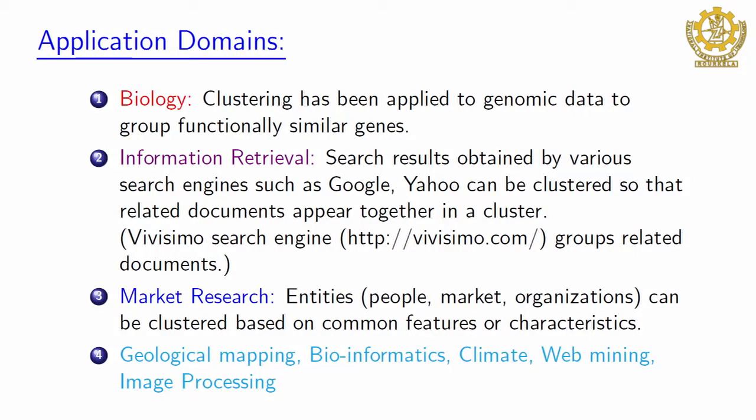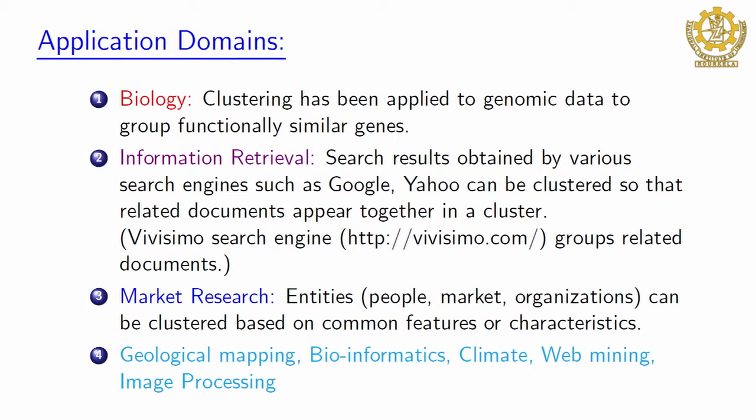Search results obtained by the various search engines such as Google and Yahoo can be clustered, so that related documents appear together in a cluster. Okay, once you obtain the results, we can put them into similar clusters. We have something called Google News. I think you must have seen it, right.